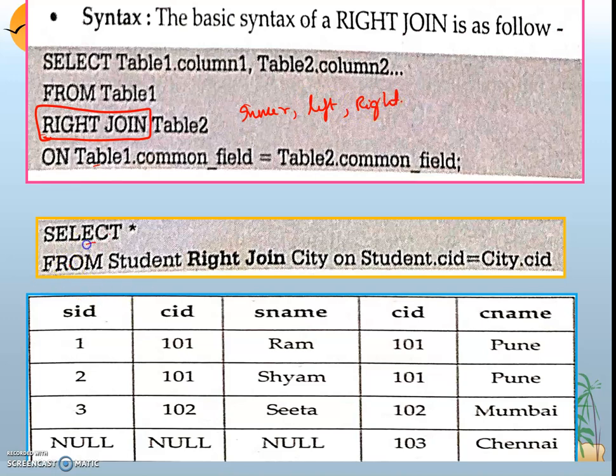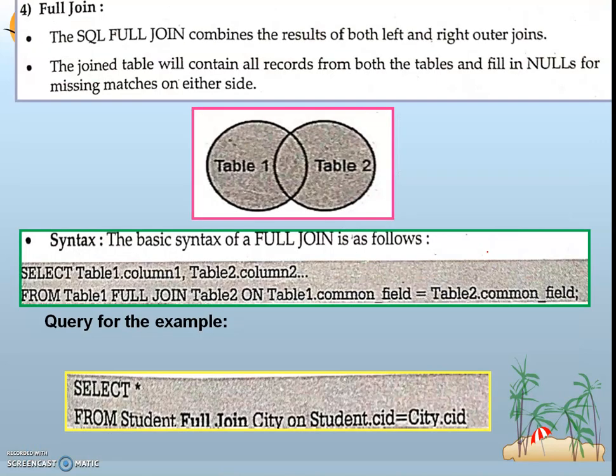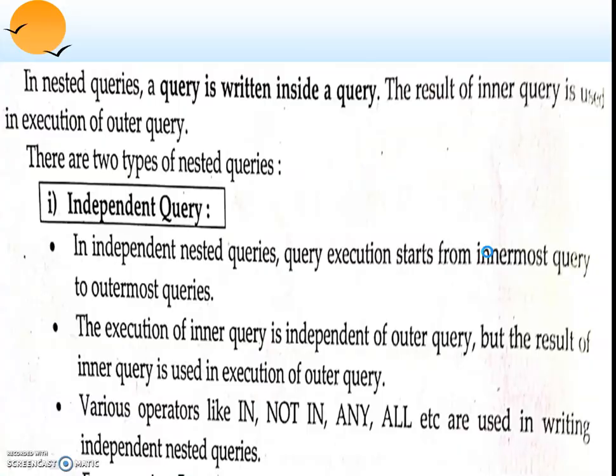Okay, now let's go for the example directly. Select star, that means write all the attributes in the table because it is referring to student. From, mention the name of the table student, right join, and second table city, on, mention the condition. So let's try to observe how it works.